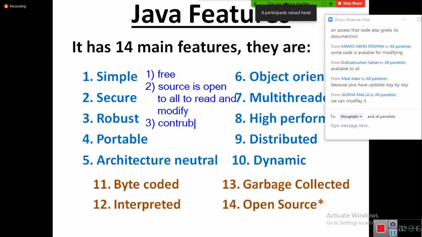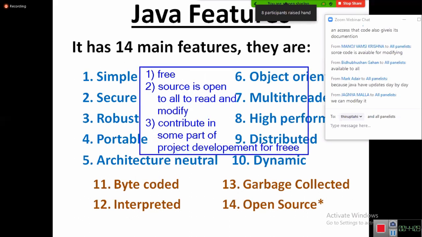We can spend our time and contribute to some part of the project development, for free. They will not give you any money. If these three things are there, then we call it an open source programming language, open source software.